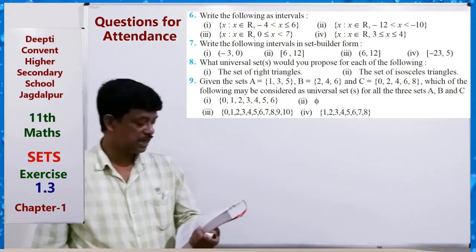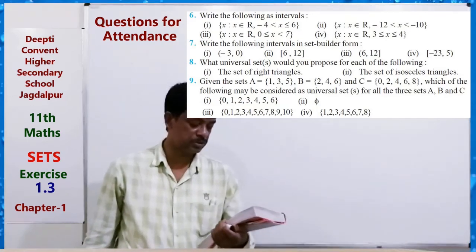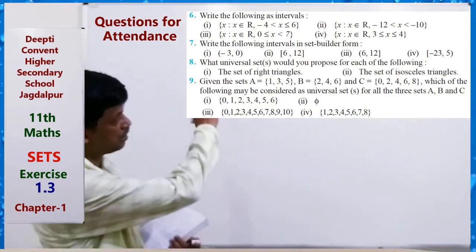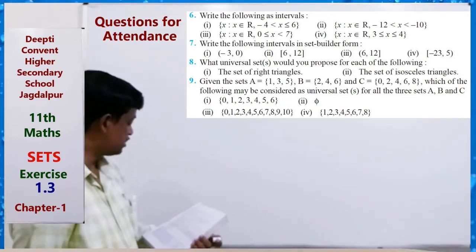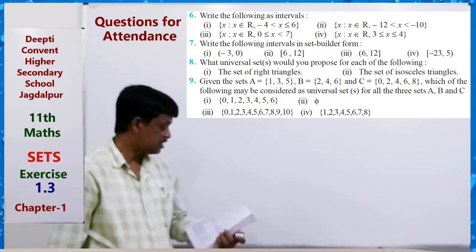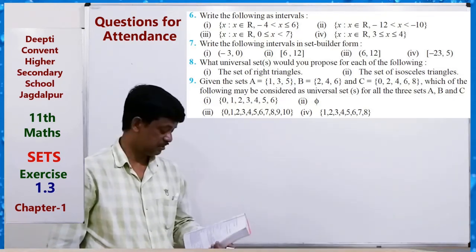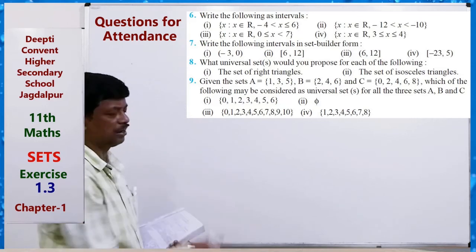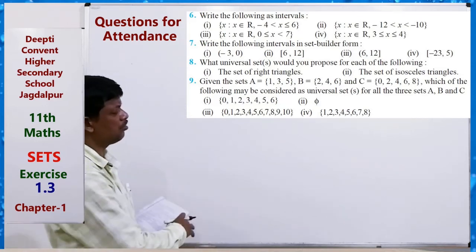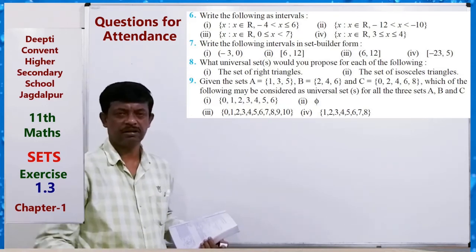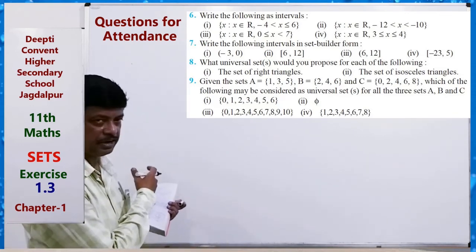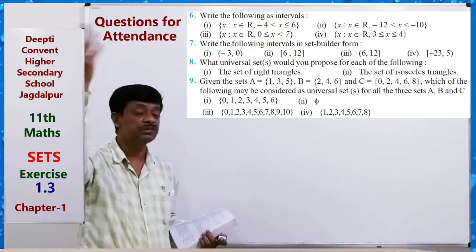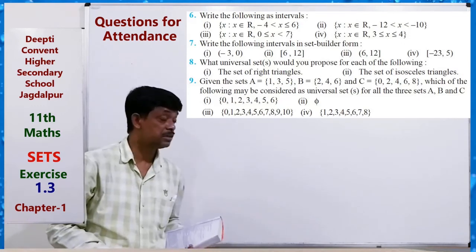What universal set would you propose for each of the following sets? There are two sets. Set of right triangles. In a plane, all the right triangles are the elements of our set. For this set, what may be the universal set? Universal set is what?